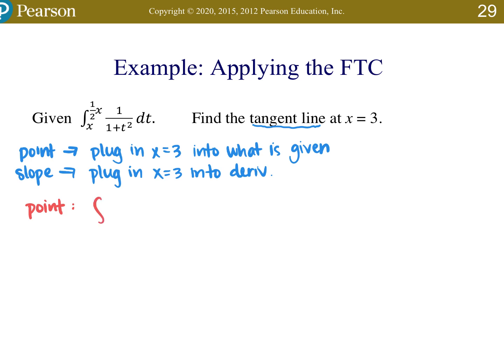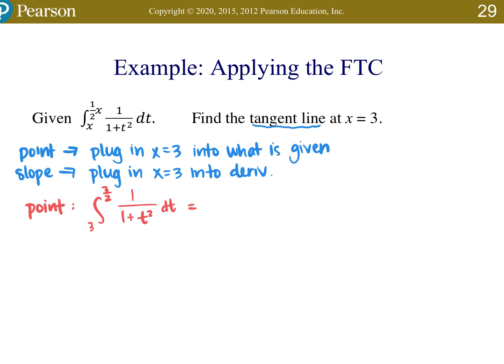Okay, so 3 goes in for x. 1/2 of 3, or 3/2, would go in for that. So I'm just going to put 3/2 there. 1 over 1 plus t squared dt. And I'm going to actually figure this out.